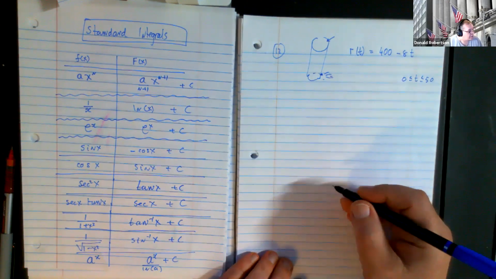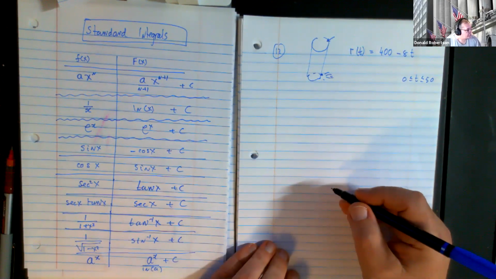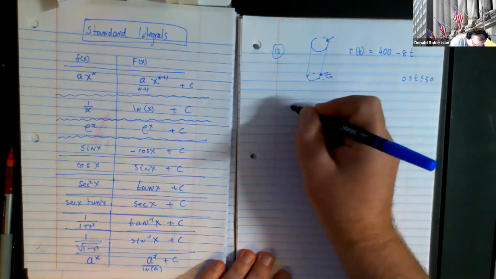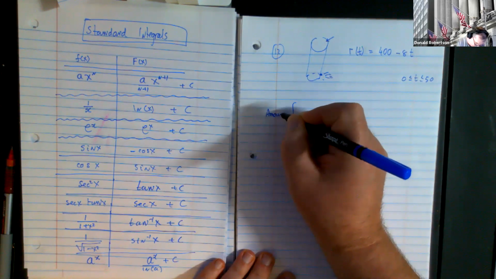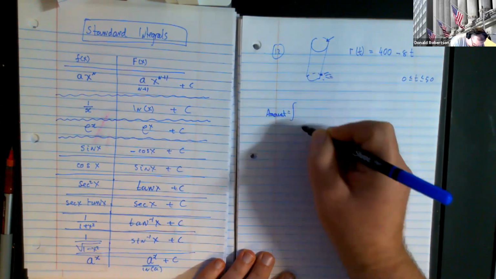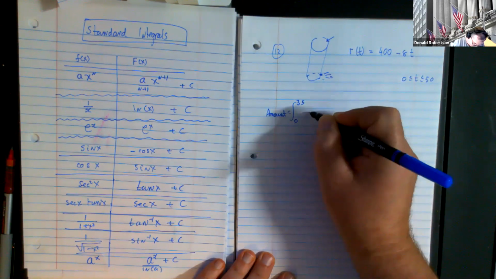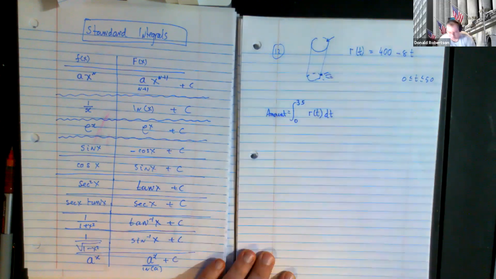Now, we are being asked here to find the amount of water that flows out of this tank in the first 35 minutes. Now, the amount in the first 35 minutes is that.